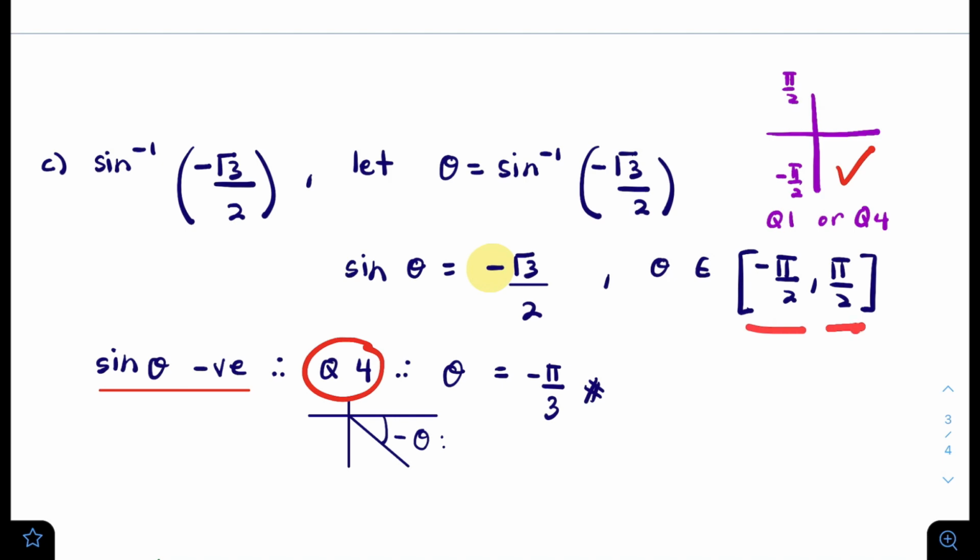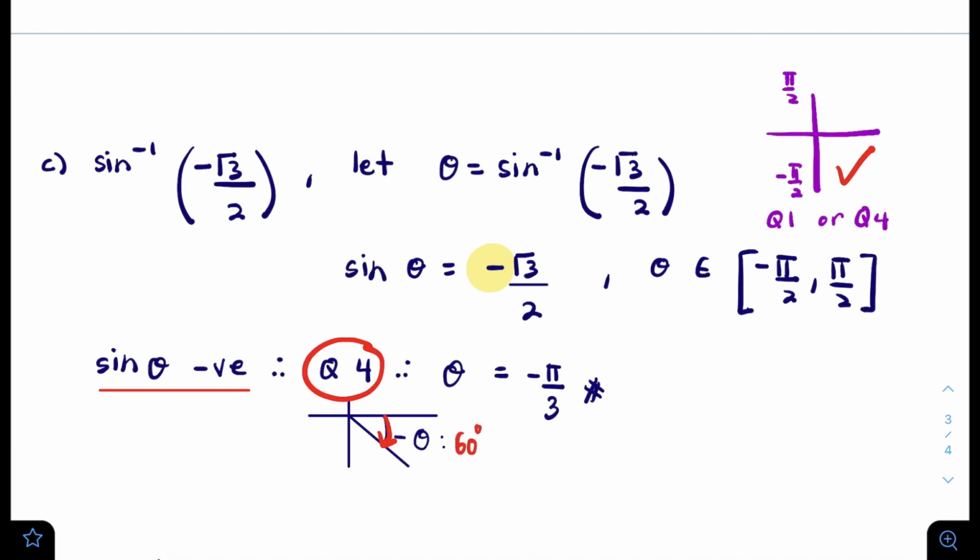So you have to adjust by finding the negative angle. A negative angle is clockwise. What angle of theta will give you the value of square root of 3 over 2, your special angle? It should be 60 degrees.